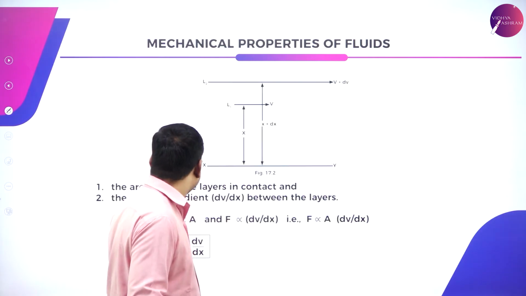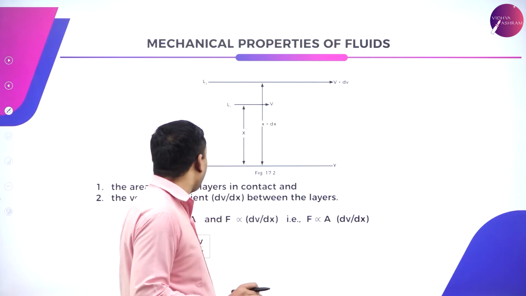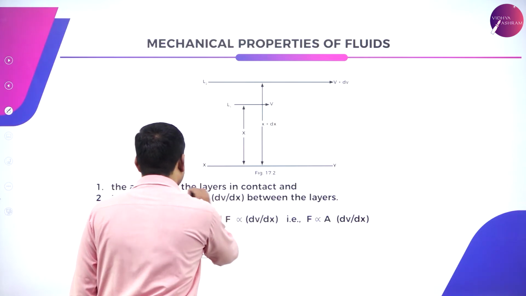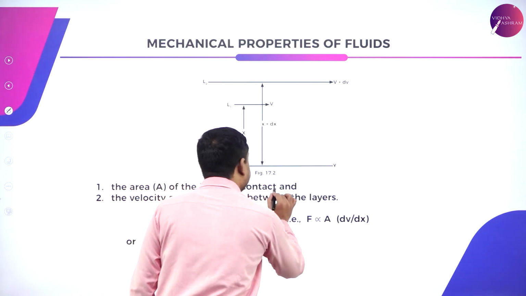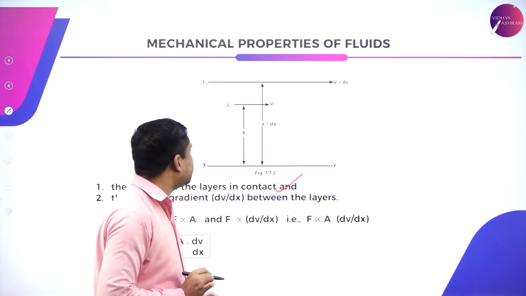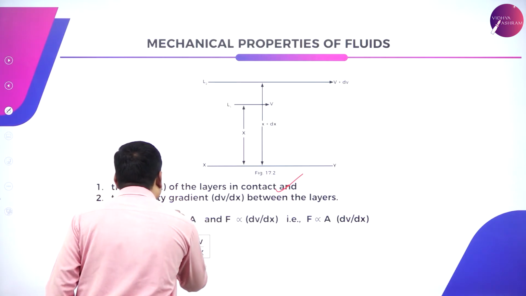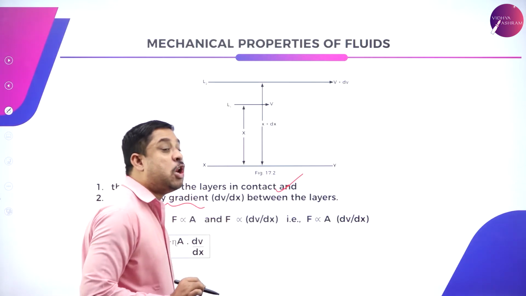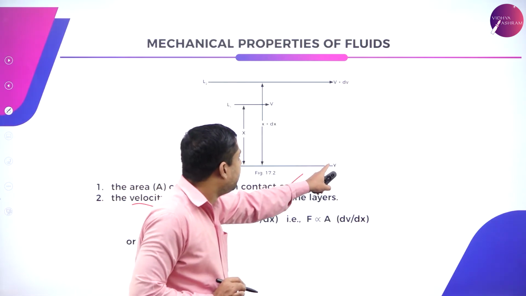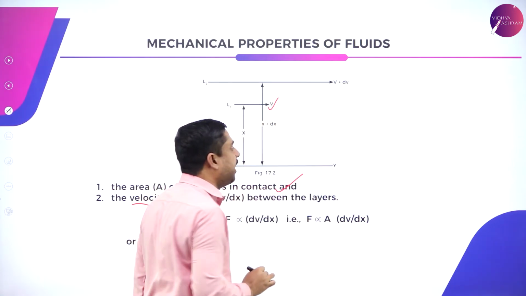Now, viscous force depends upon two parameters. First, area of the layers in contact, and something called velocity gradient. V is the velocity of the first layer.